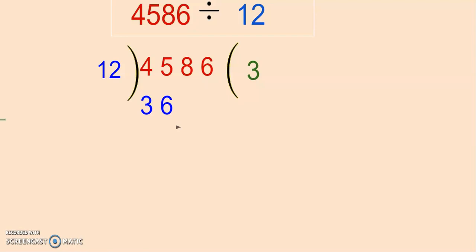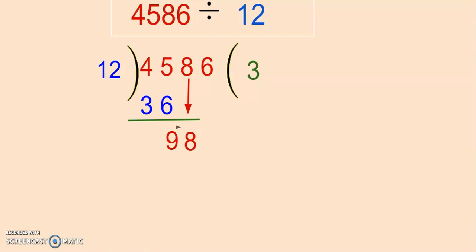Then we are subtracting. You know very well, division is nothing but repeated subtraction. So we are subtracting 3 times of 12 from 45 first, and then after subtracting 36 from 45 we got it as 9. Now next is we'll be just writing 8 next to 9.